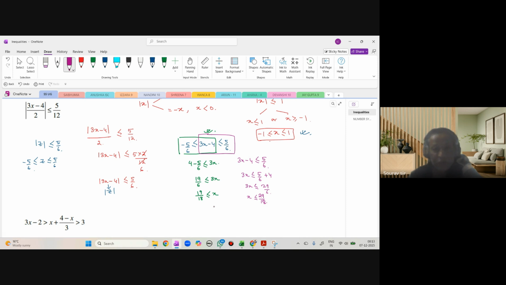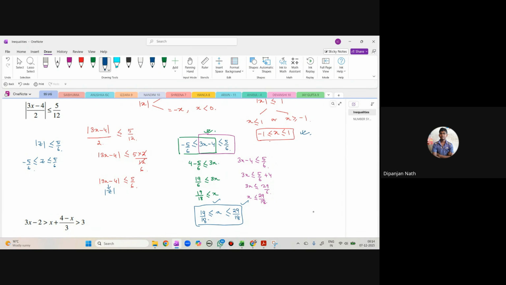So now you combine these two and you write x greater than equal to 19 by 18 and less than equal to 29 by 18. So this is your final solution. Clear? Understood? Yes, sir. Okay.